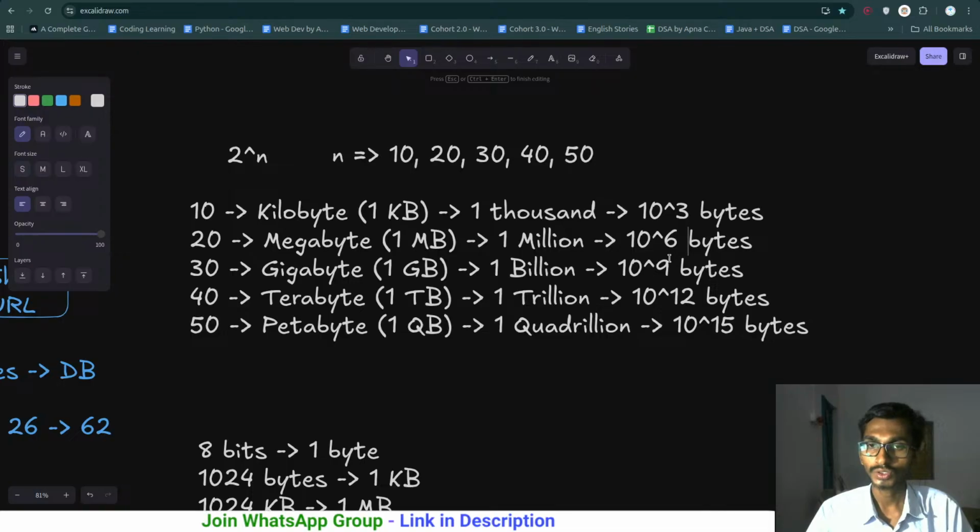So 3, 6, 9, 12, 15. That's 3 times 1, 3 times 2 is 6, 3 times 3 is 9, 3 times 4 is 12, 3 times 5 is 15.